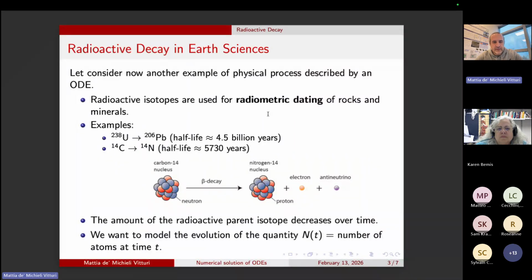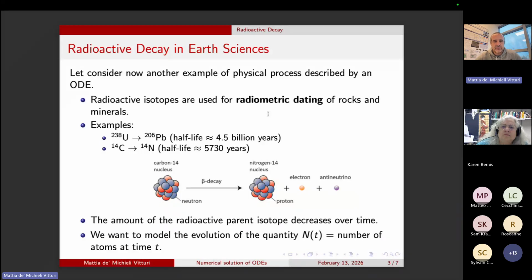Radioactive decay, as I said, is important, for example, for radiometric dating of rocks and minerals. The main thing is that we start from some isotope, which is the parent isotope that decays over time.